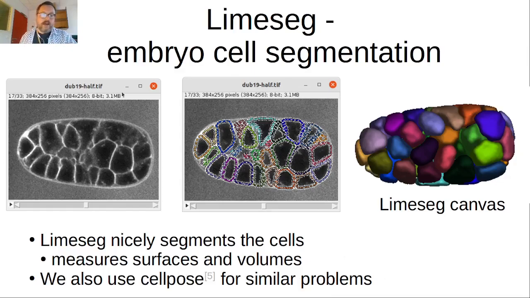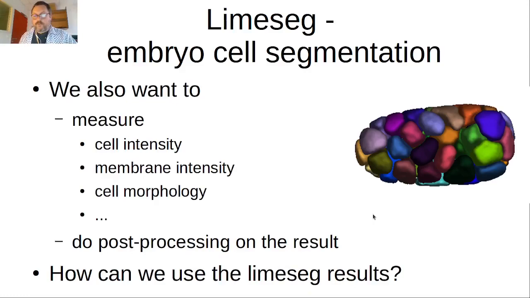And here LimeSeg has its own 3D canvas, and it measures surfaces and areas, but we also want to measure other things like intensities within the whole cell or within the membrane, the cell morphology, and whatever our users come up with.